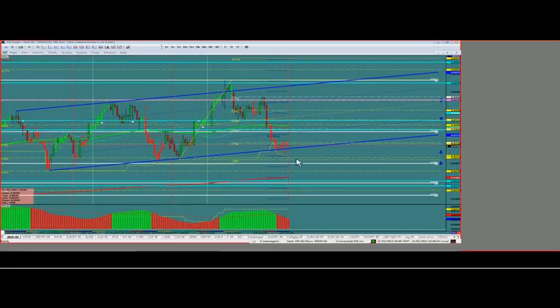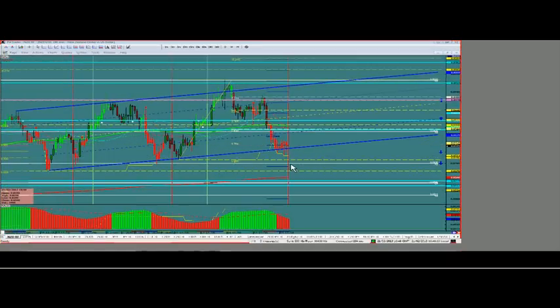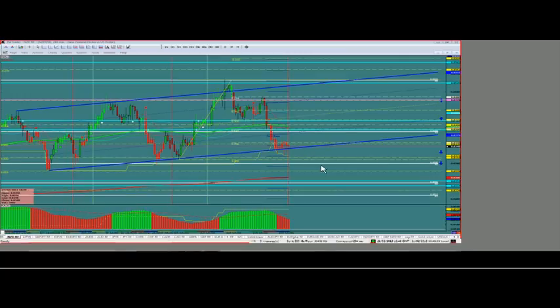We know where the targets are. The first target is here, and the second target, come on. My drawer stopped drawing. First target's here, second target is down here, as you can see. But this has got a 1, 2, 3, 4. The fifth wave is what we're really interested in, right? If they do the fifth wave, you can look in the past and see the third wave is what they're going to do in the fifth wave.